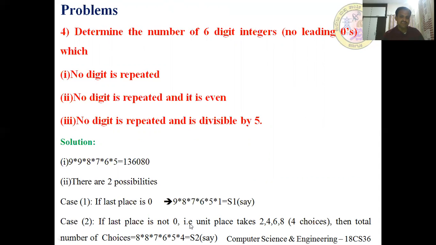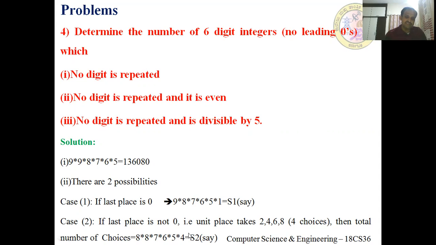Having filled the unit place, since the 0 should not appear at the beginning of the 6-digit integer, the remaining options available for the first place are 8, because here I should not start with 0, and the remaining digits are 9.